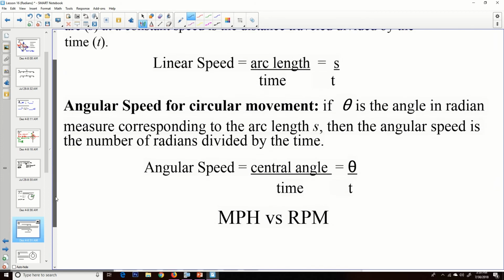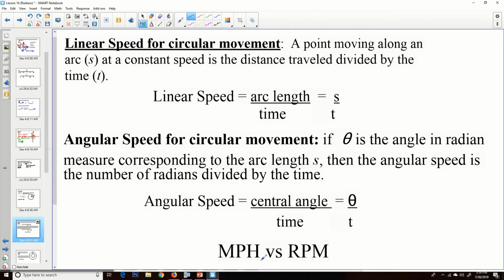I kind of think, and this is a real loose analogy, the difference between linear speed and angular speed is the difference between miles per hour and RPMs. The only difference with RPMs is that it's revolutions, so you'd have to change your revolutions to degrees. So miles per hour calculates the speed that your car is traveling as the wheels turn. Angular speed calculates how many degrees each of those tires has traveled over that same time.